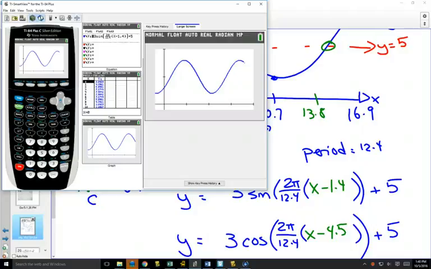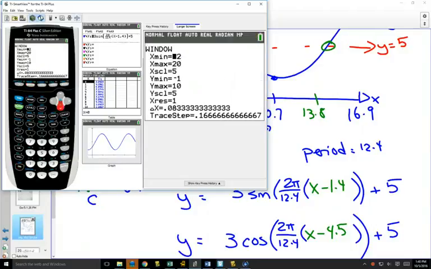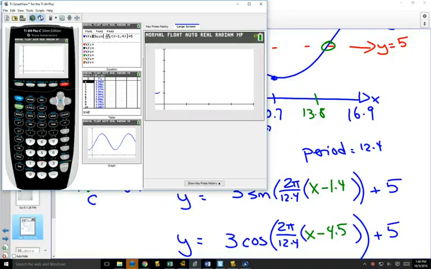I wanted to make my y scale by 2 just because I'm fussy, so I canceled it so I could change it to 2. Now I can really see that it goes down to 2 and up to 8 and it makes me happy. So there you have your graph.